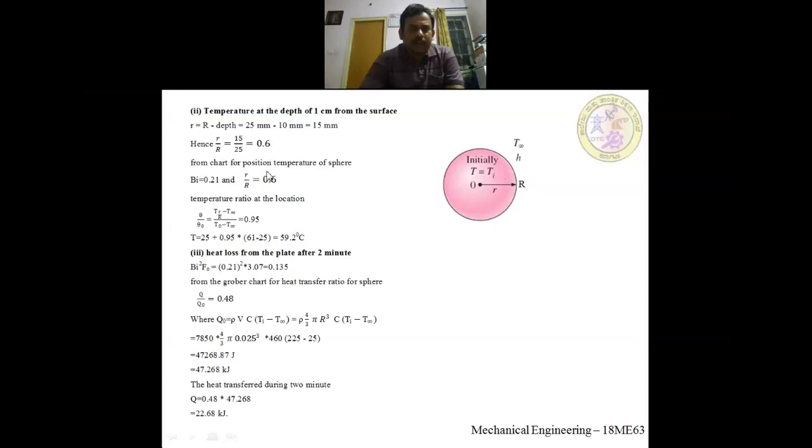From the position chart, r by R is 0.6 and Biot number is 0.21. We have to calculate the temperature ratio at that location.